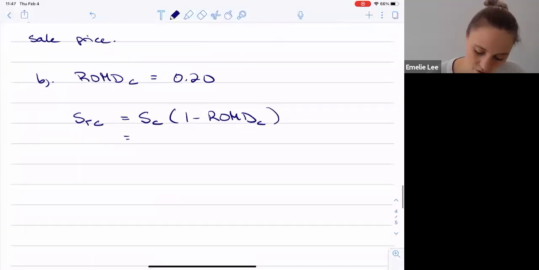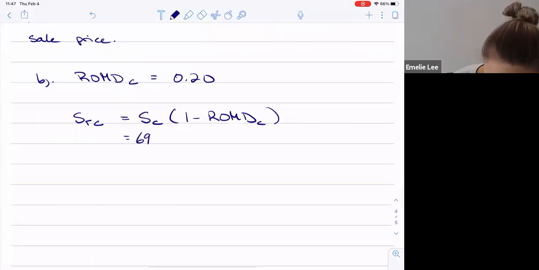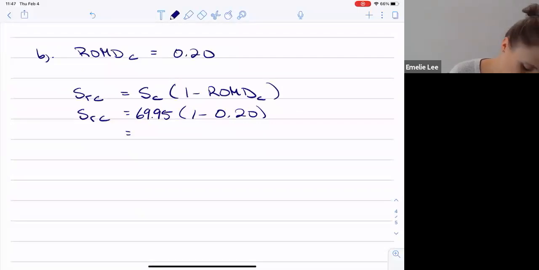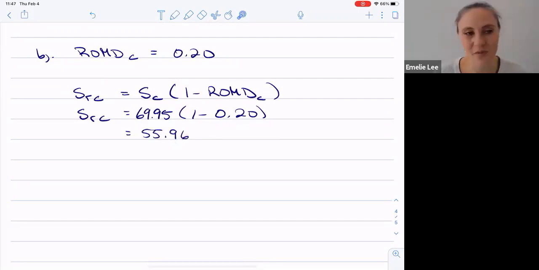Times 1 minus 0.20. So 69.95 times 0.8 is 55.96. I'm pulling a fast one here, but we can probably do 1 minus 0.2 in our heads, right? Times 0.8.